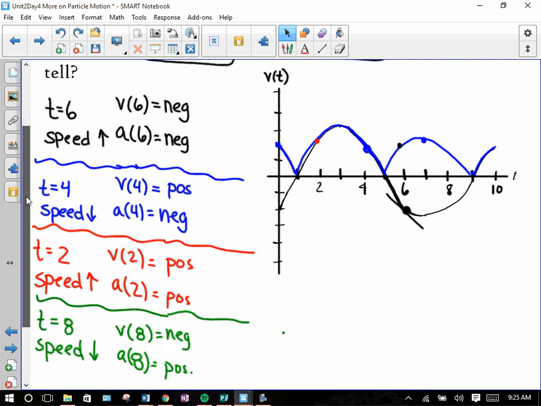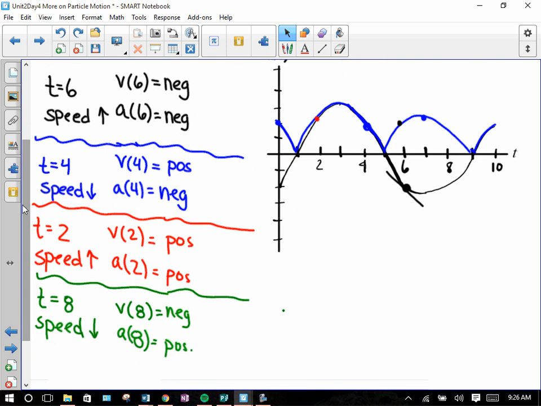So we can write less, a particle's speed is increasing when the velocity and acceleration have what? You said positive and positive or negative and negative, so they have the same sign. This is very important. This helps us out a lot.